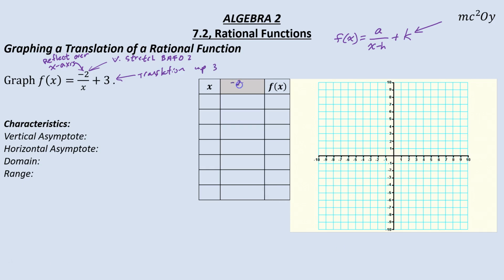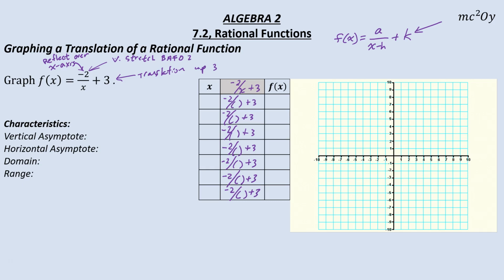So we have negative 2 over x plus 3. Getting a little messy here.